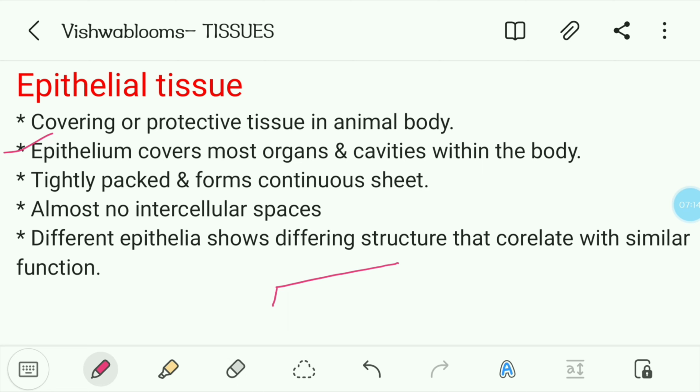Different epithelia show differing structures that correlate with function. There are different types of epithelia, and each one shows different functions. So in detail we will be learning the types of epithelial tissue.